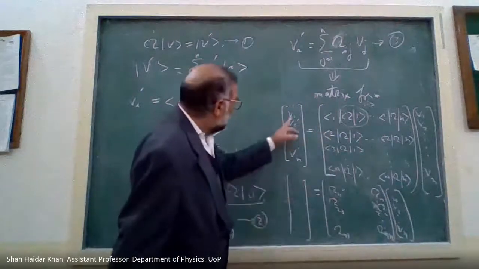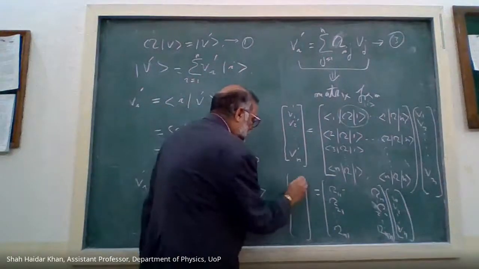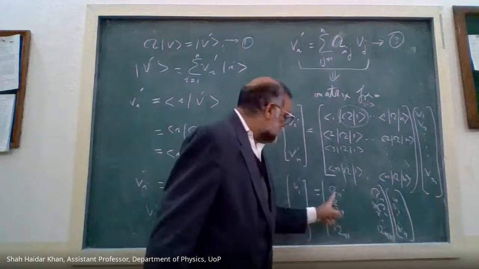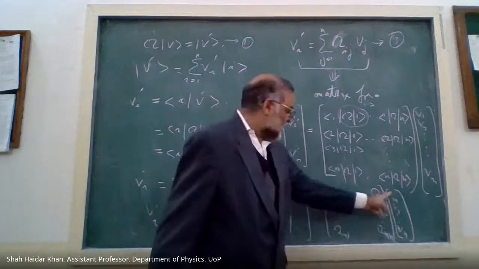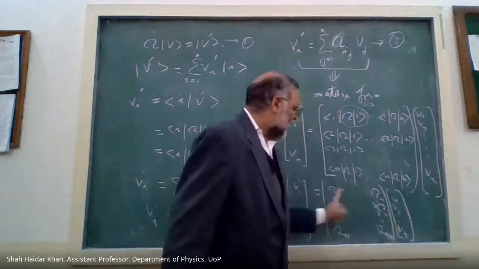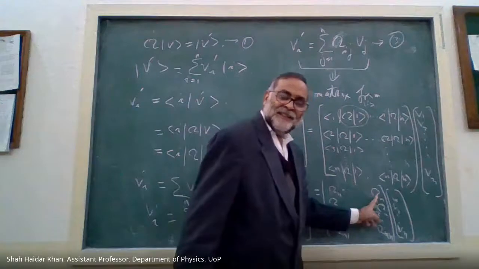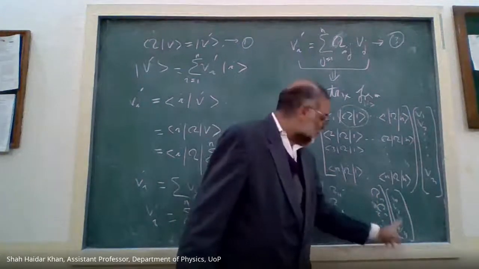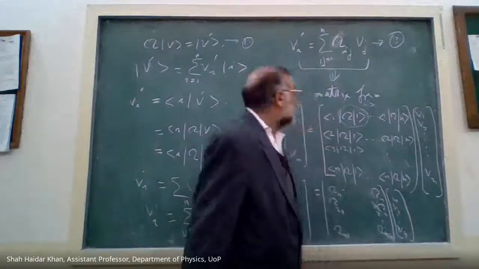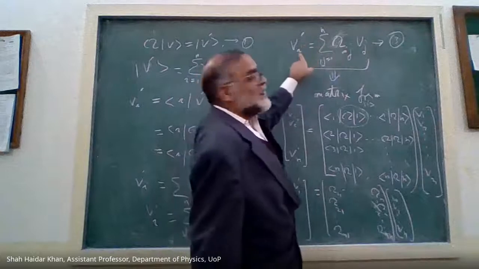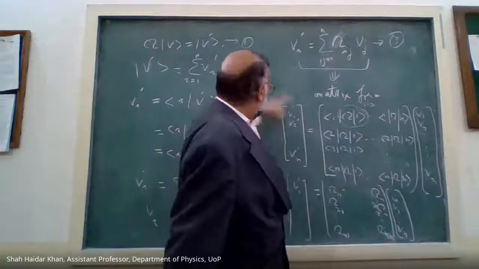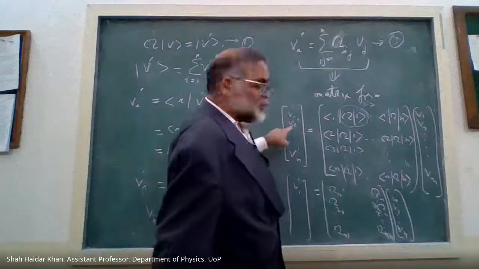Right? So look, v1 prime will be equal to the product of this whole row with this column, which is omega 1,1 v1 plus omega 1,2 v2, and plus the others, up to omega 1n vn. So by just putting i equal to 1 and varying j, you get the first. Then putting i equal to 2, you get the next.